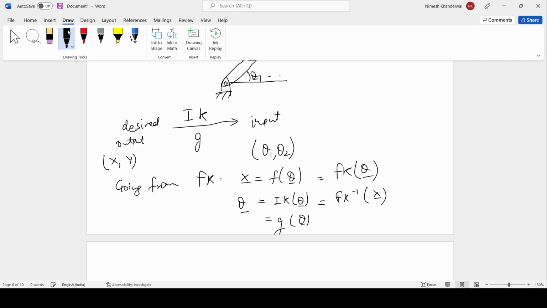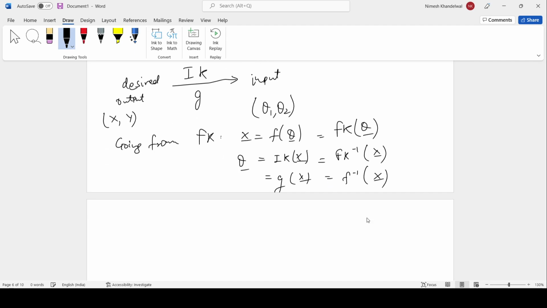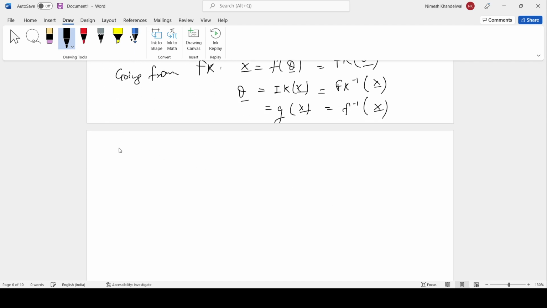Given the x vector, it is just the inverse function of forward kinematics. Theta equal F inverse x.